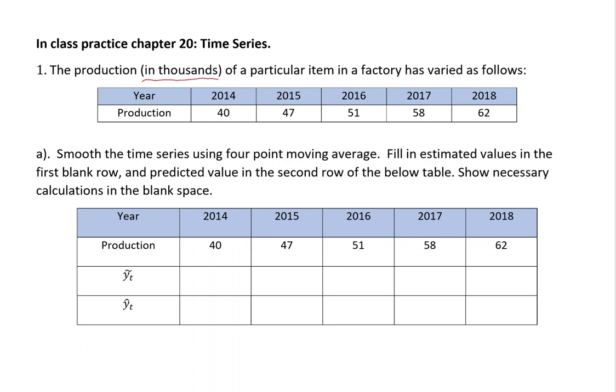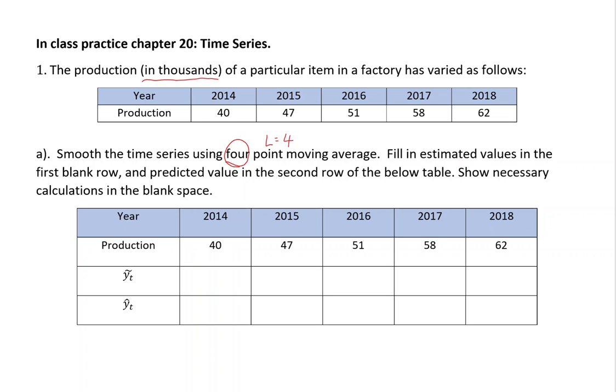Then question number 8: smooth the time series using 4-point moving average. If we say using 4-point moving average, what does that mean? That means L equals 4, right?